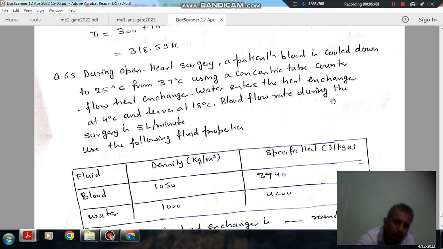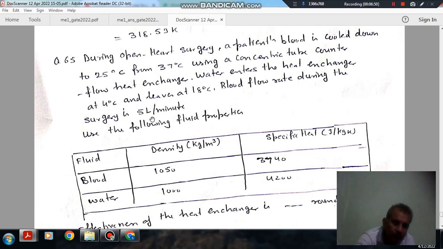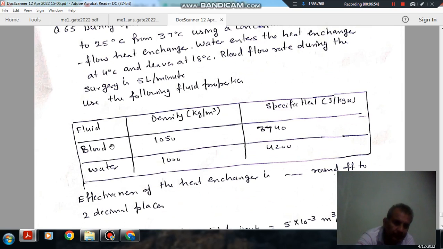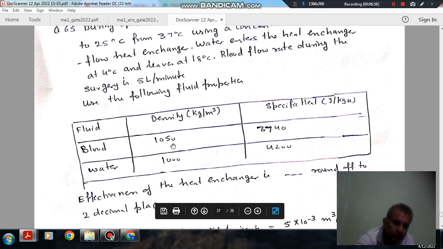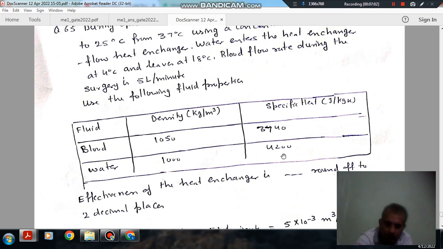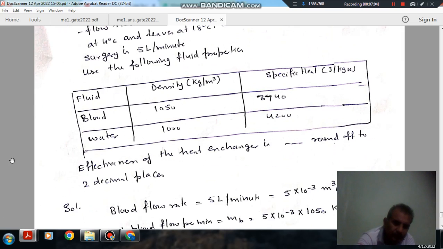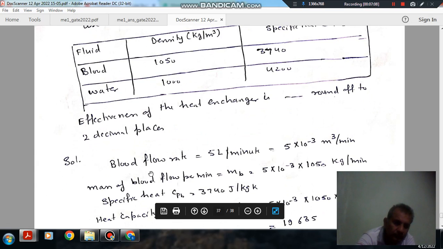Blood flow rate during the surgery is 5 liters per minute. Use the following fluid properties. So this is fluid, blood and water, density 1050 and 1000, and specific heat 3740 and 4200. The effectiveness of the heat exchanger is dash, round up to 2 decimal places.